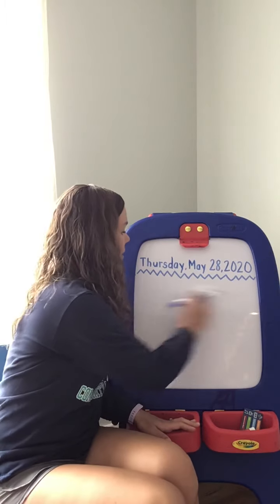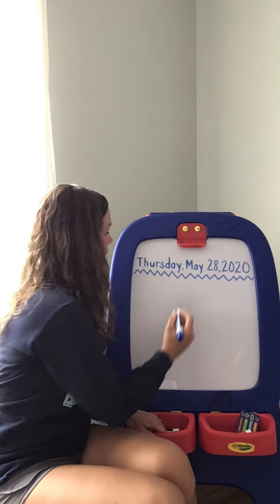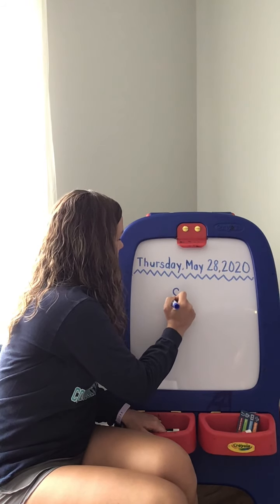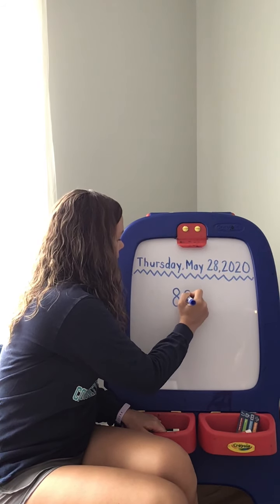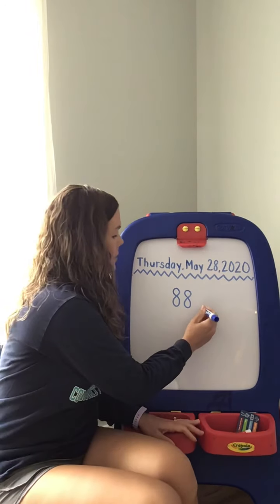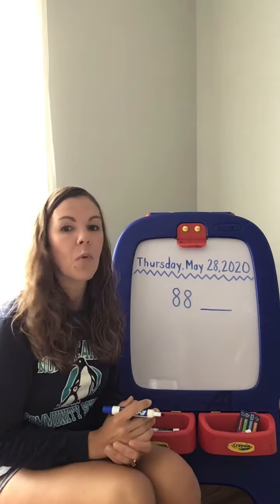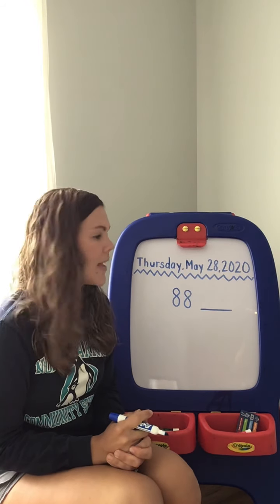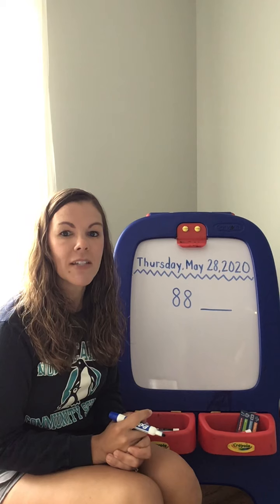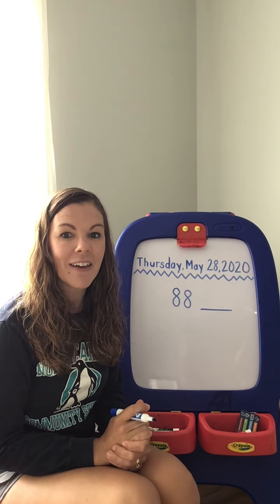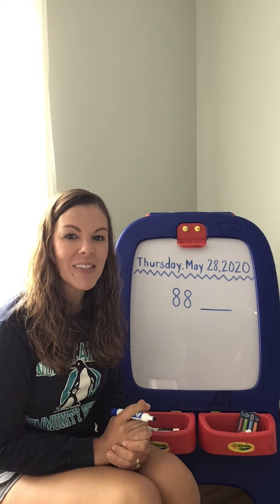Let's do 1 together. Let's see, I have 88. Okay, 88, I'm looking for 10 more than 88. Take a minute and think about what our number is going to be for 10 more. Don't forget, we're only changing the tens house.